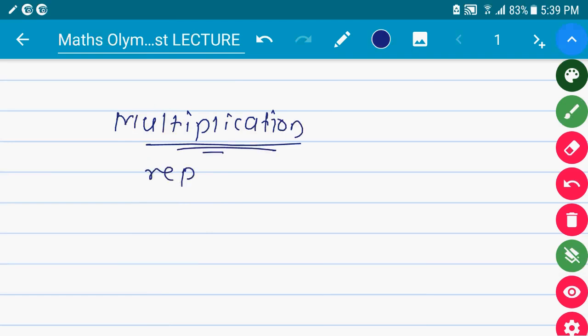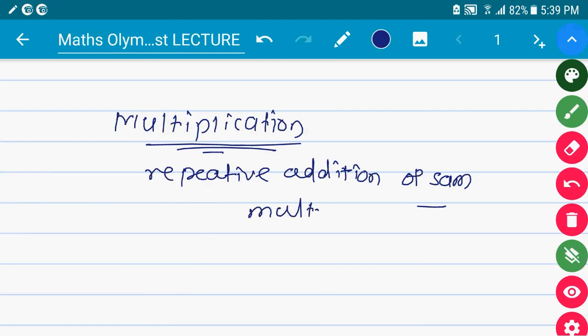Now repetitive addition of the same number or quantity is known as multiplication.